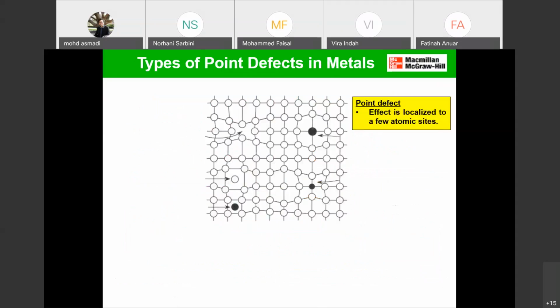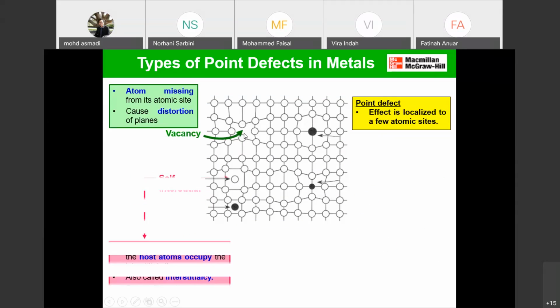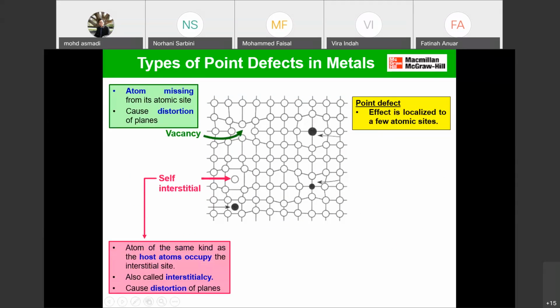So, types of point defects in metals. Generally, point defects are localized to a few atom sites. Atoms missing cause distortion of planes. This is a vacancy, which we can also find in metals, maybe during solidification. Self interstitials: some atoms move into the void or empty space.